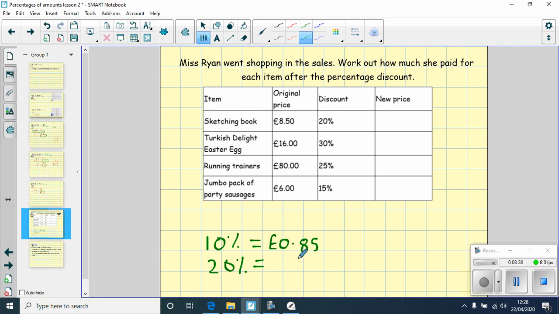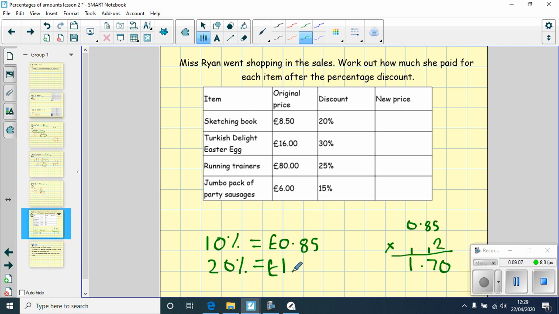I need to do 85p add 85p. I might do a little jotting here. You can either times it by 2 or you can do 85p add 85p. Decimal point in, 2 times 5 is 10, 0 there, 1 there. 2 times 8 is 16 and 1 is 17, 1 there. 2 times nothing and 1 is £1.70.